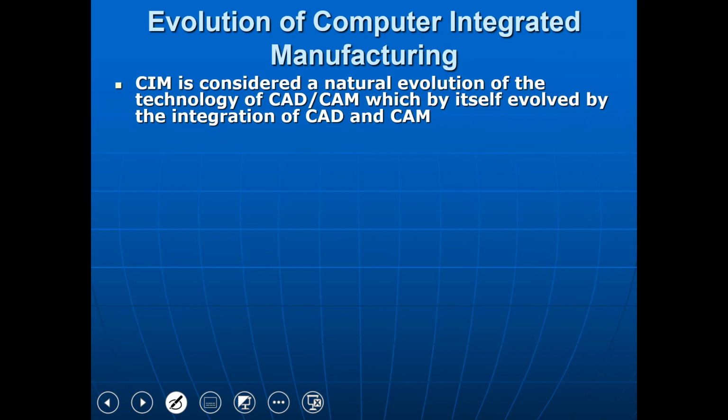They improve tool changing, using sensors, everything. They will integrate not only one machine, but also other machines, like the conveyor system, the robotic system, and other systems using sensors. So this is considered a natural evolution because of the integration of CAD and CAM.